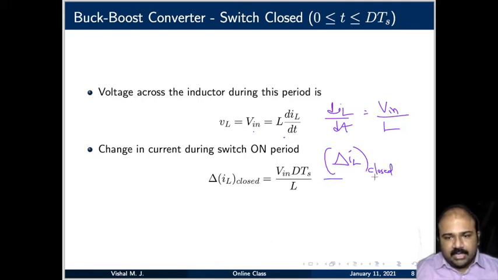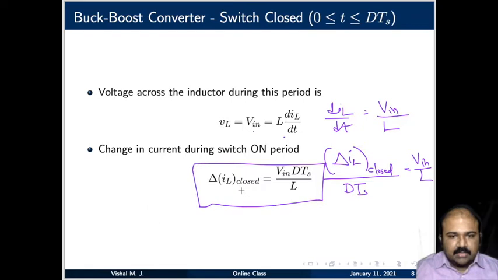What is the time taken? The time taken is the time for which the switch is on, which is DTs. So the change in current when the switch is closed is given by Vin DTs by L. This result we will use for the calculation of the voltage gain of the converter.